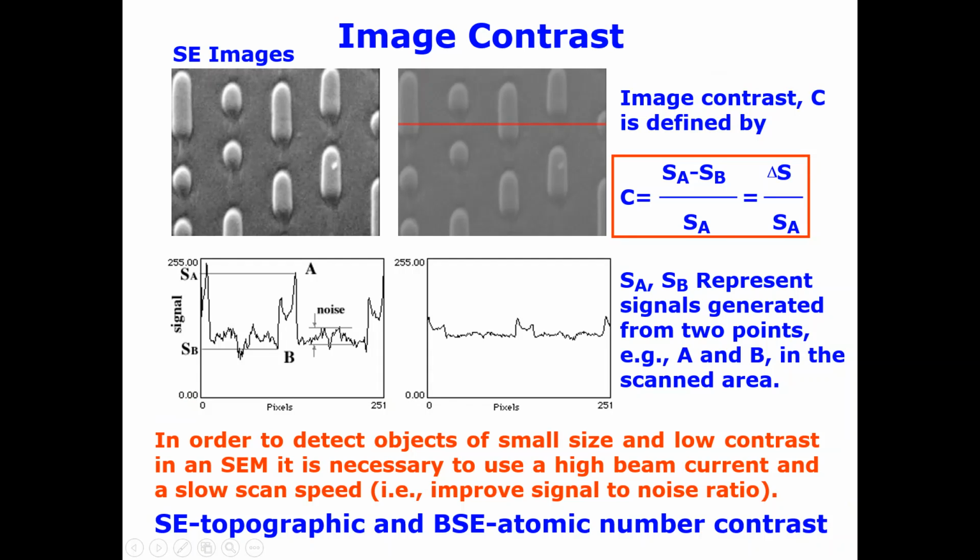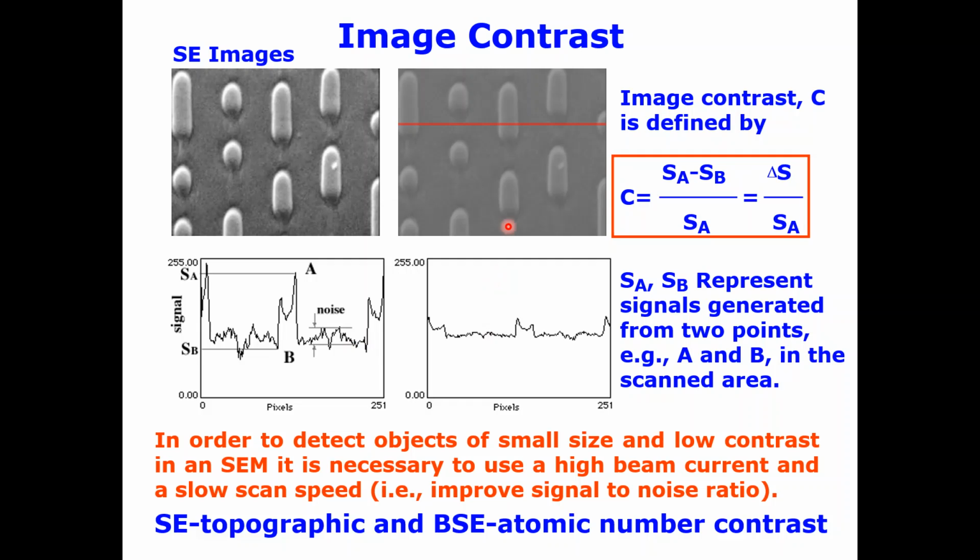This is image contrast. Here you can see different images, that is, secondary electron images. First of all, let's clarify the concept of image contrast, that is, what is meant by image contrast. Here you can see the images, and some two spectra.